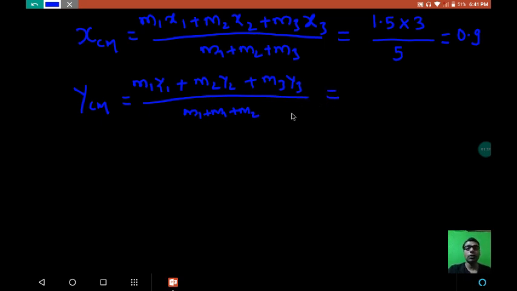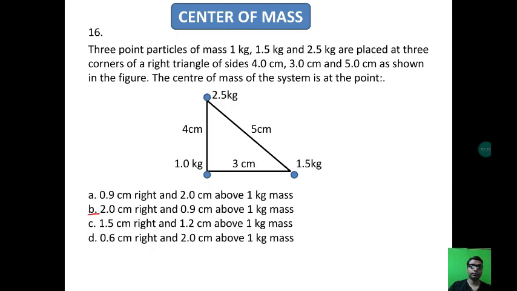Again, we can see on the x-axis the 1.5 kg is at y equal to 0, on the origin it is 0, and on the y-axis the only mass placed is 2.5 kg. So at 4 cm, the total is 5. Here we have calculated it as 2. So the center of mass is 0.9 for x and 2 for y.